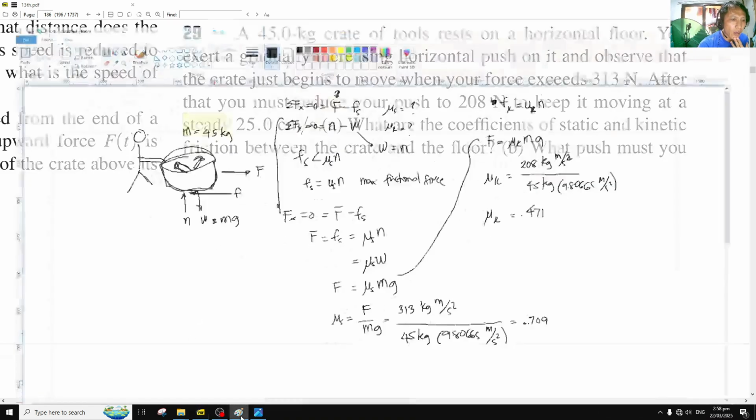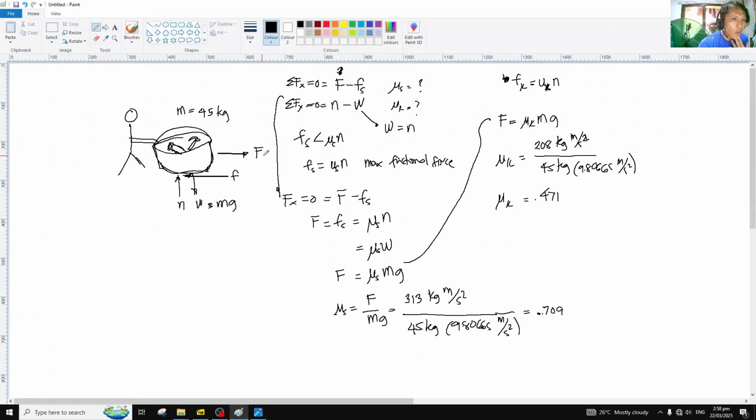Anyway, from our previous work we only have to change this one. Okay. So maybe we can erase first. The same is the problem, but it would be the kinetic. So we would be using this 0.4713 actually.